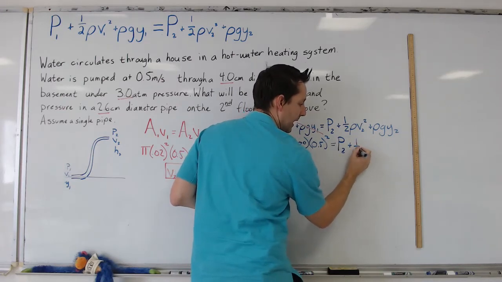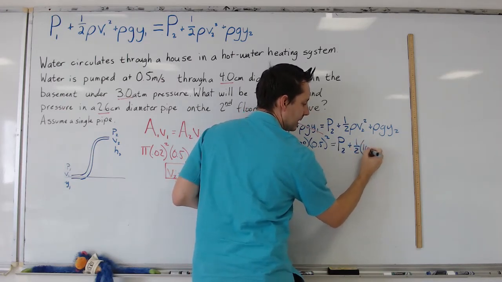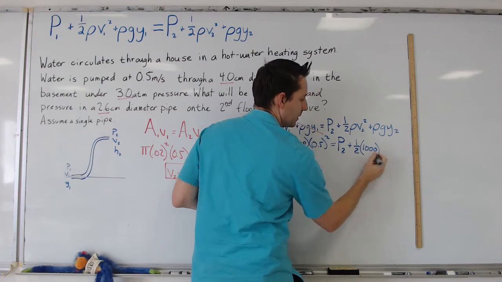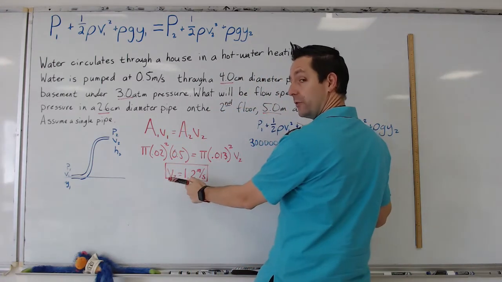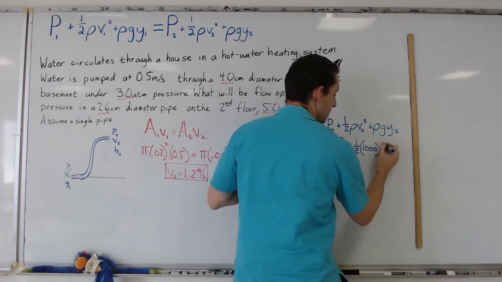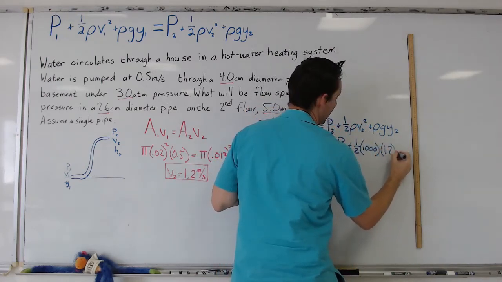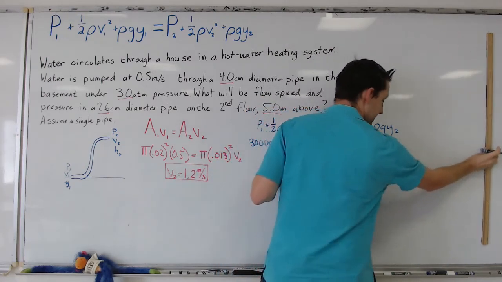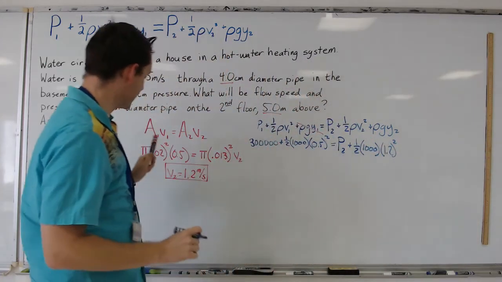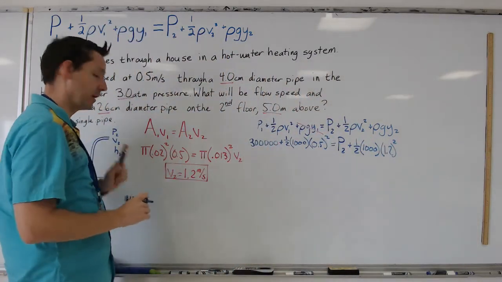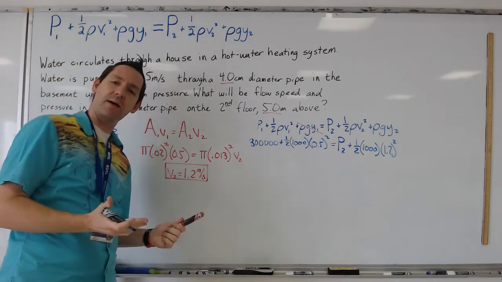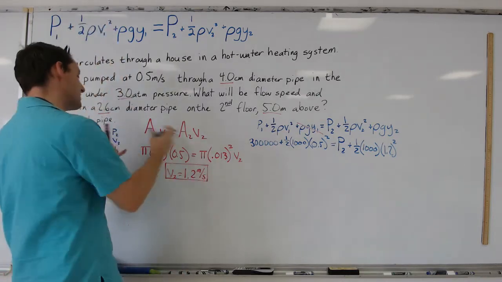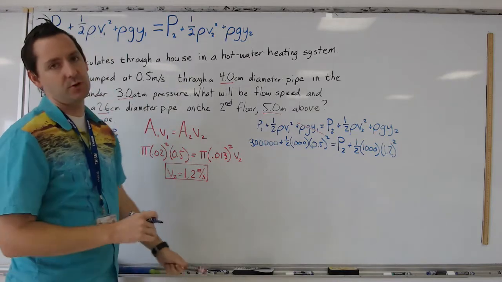Plus 1/2. Density again is 1,000 times the velocity squared. That's what we just found. Good thing they asked us to do that first. So 1.2. Recognize that they may not have that as a part A. They might not ask for the velocity at point 2, and you would have to recognize, oh, the pipe's changing diameter. I'm going to have a new speed. I better do this first, and then I'm going to go ahead and do my Bernoulli's.